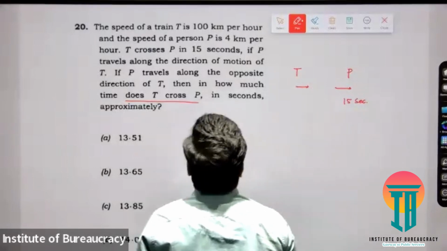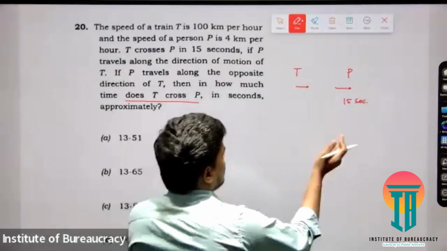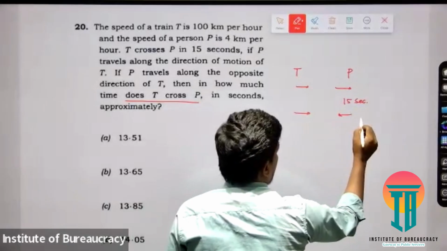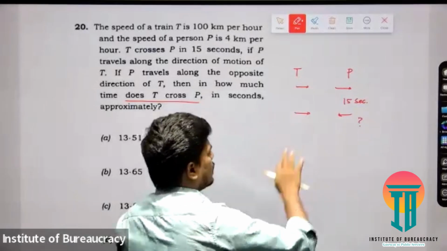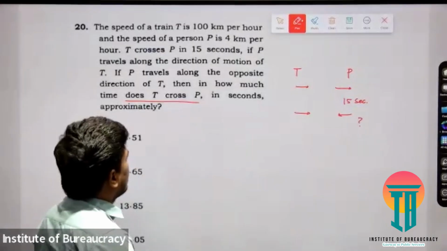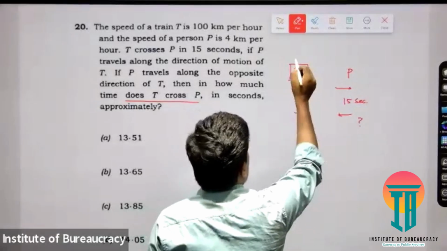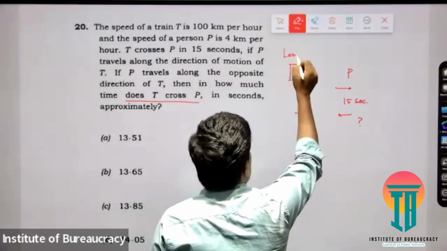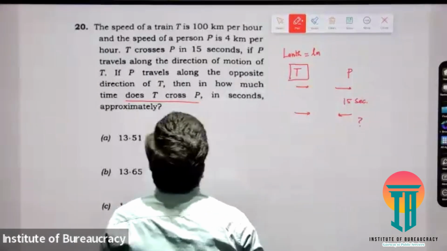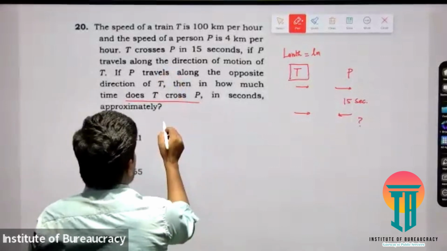Now the question is, if they move in the opposite direction, how much time would it take for the train to cross the person? Here what we don't know is the length of the train. Let us take the length of the train as L meter.